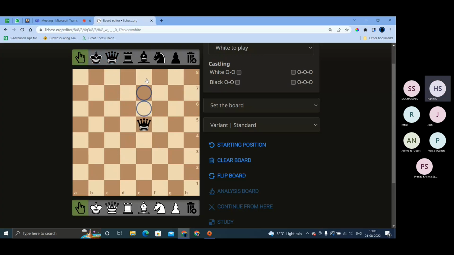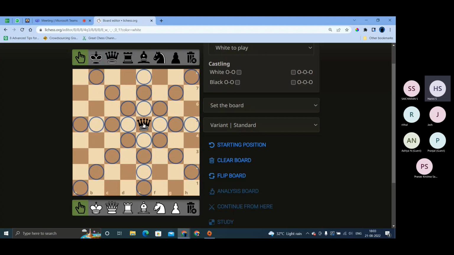So the queen controls these squares from being on e5, and then this diagonal here. So this is the concept of control. A piece controls the empty squares on its way.